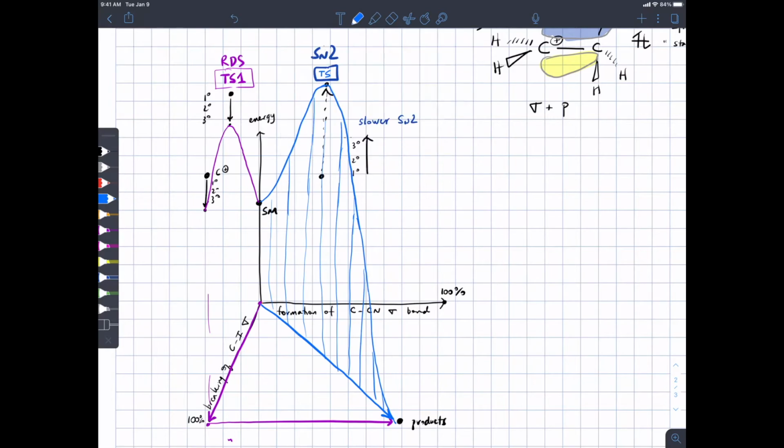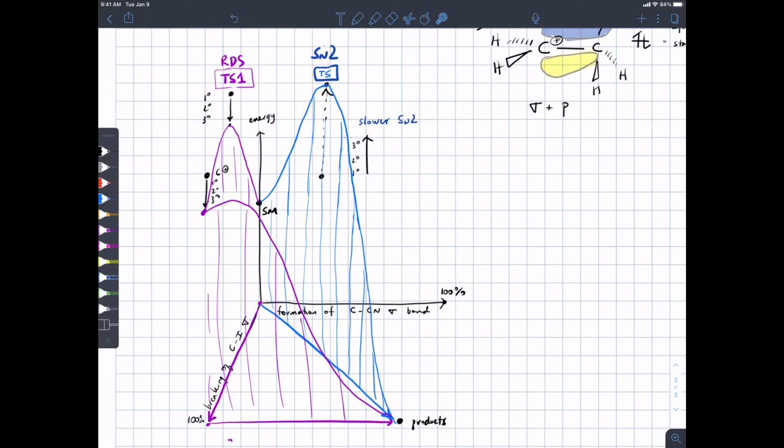All right, so by having a more stable carbocationic intermediate, it is now faster for us to go over the transition state 1 to get to the intermediate and then downhill to products. Just because we've changed the structures of the starting material.